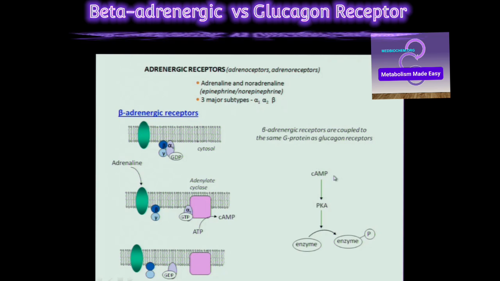So the only reason you have cyclic AMP is due to the activation of adenylate cyclase by Gs-alpha. Okay? Cyclic AMP is an allosteric activator of this enzyme, PKA, protein kinase A. This has many substrates that can phosphorylate enzymes and change their activity.